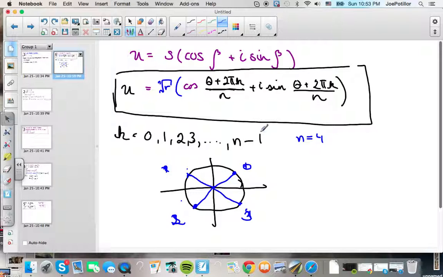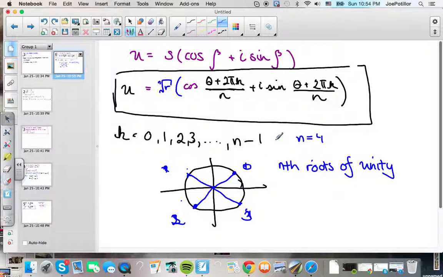Okay. And it's interesting to me that we end up with this kind of circle. The circle that forms is sometimes called the nth roots of unity. Sometimes that's what this circle is called, the nth roots of unity. And the unity is that all the numbers here form whatever number you took the nth root of.